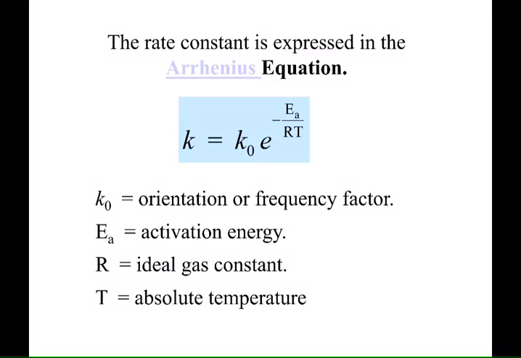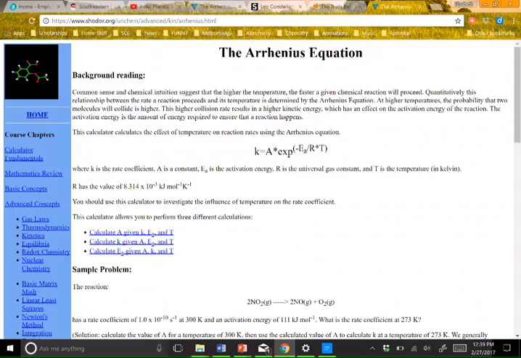Okay, now, you see that link up there? On my Twitter feed today, I posted this Arrhenius link for a few reasons. Let's see if it comes up. The Arrhenius equation.